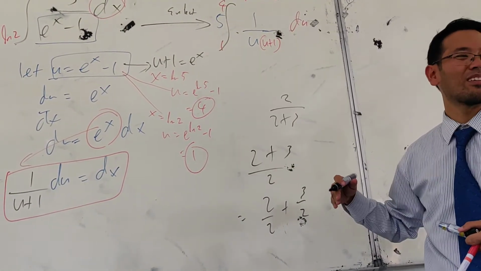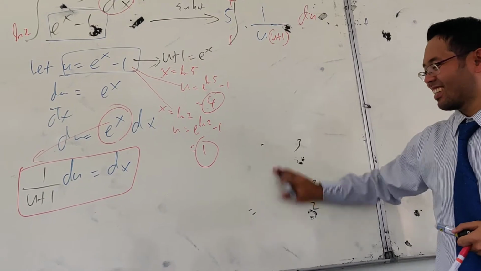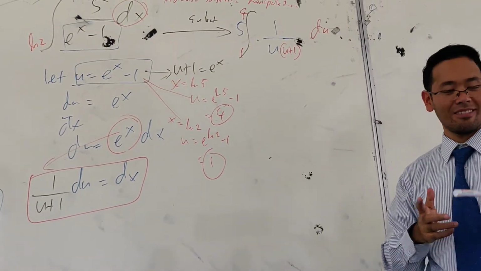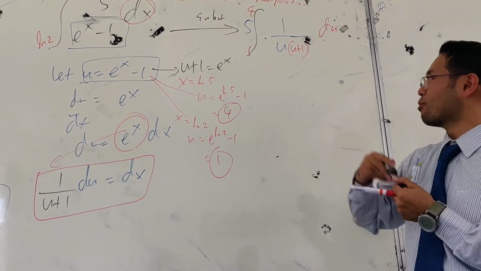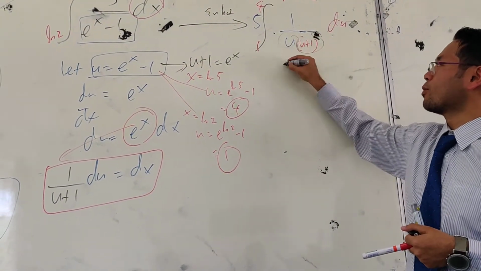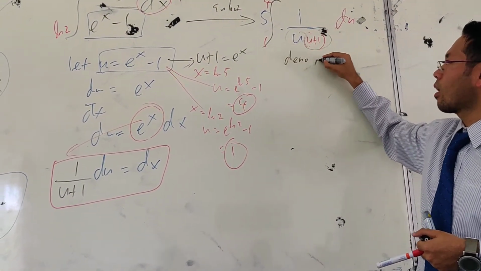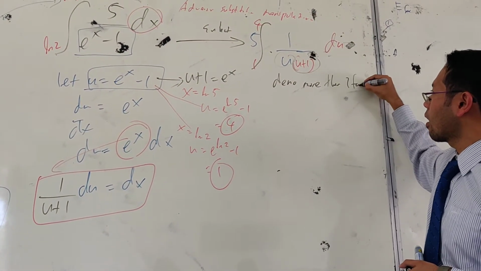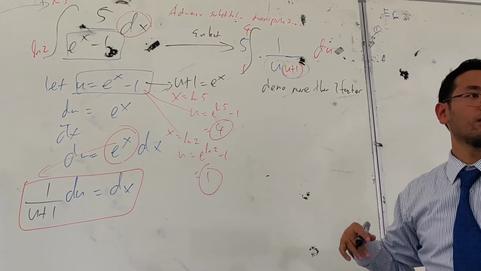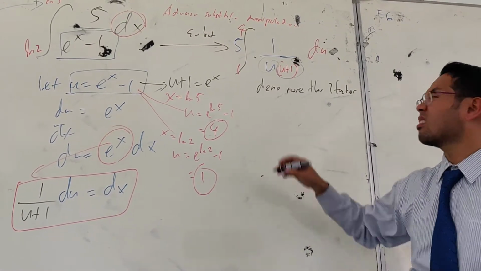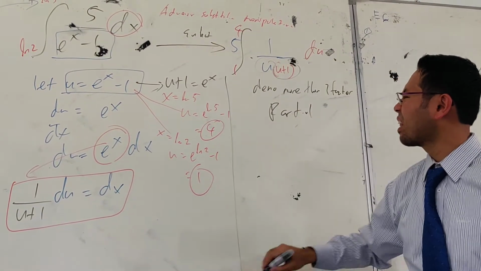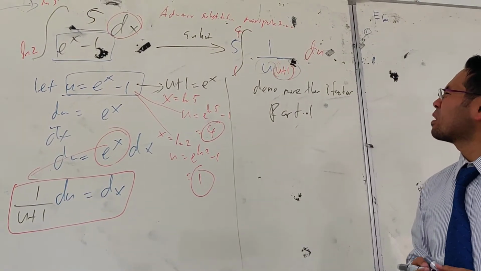Okay, you're going to split it. It's a partial fraction. Why is it a partial fraction? Because in the denominator you have more than 1 factor. And it's a partial fraction.